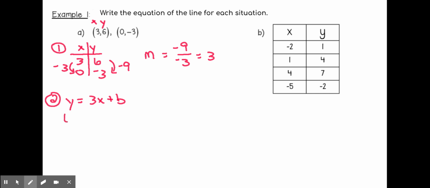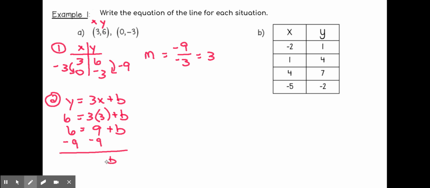My y value is 6. 3 times my x value is 3. Plus b. Now I'm just going to do the little bit of equation work it takes here to solve. I'm going to subtract 9 from both sides, and I get b is -3.